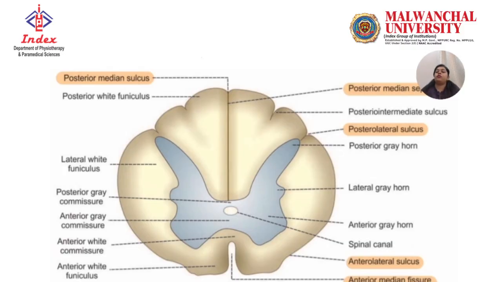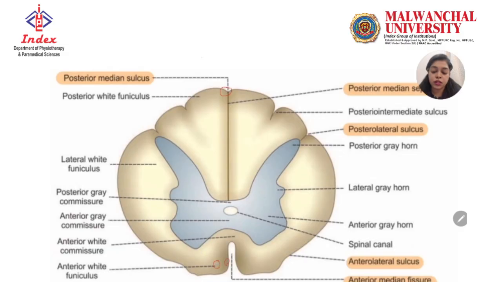Now if we talk about the basic structure of spinal cord, so here we have posterior median sulcus, and this is anterior white funiculus, this part.